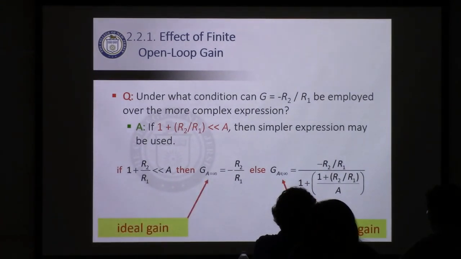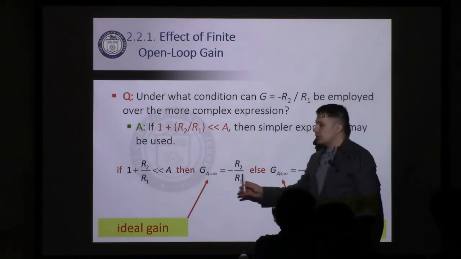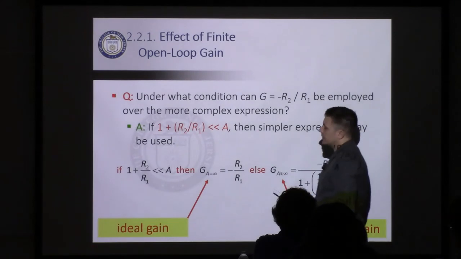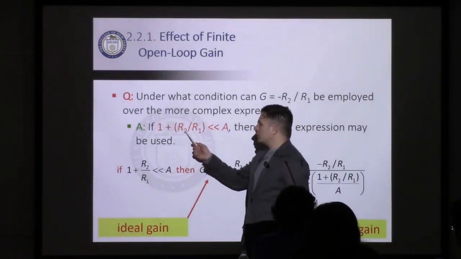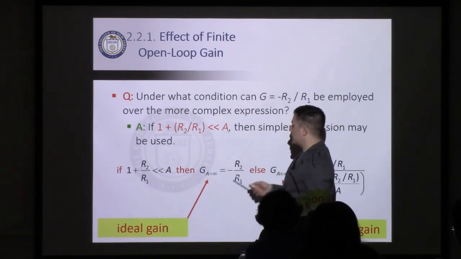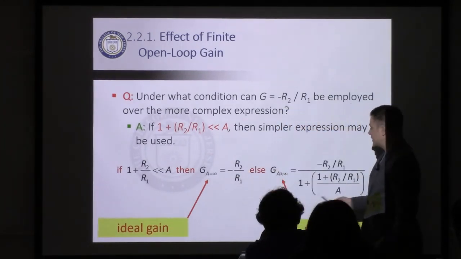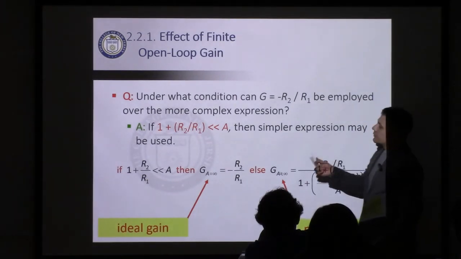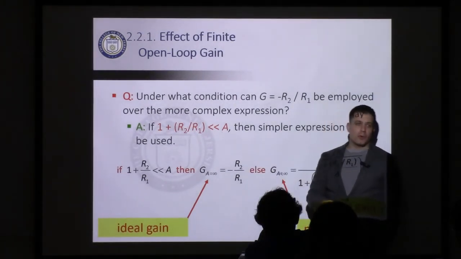And so what's the rule of thumb that we're going to employ of whether we use door number 1 or door number 2? Essentially, it's this. If 1 plus R2 over R1 is much less than A, then we can simply use this one. If it's not, then we have to use the bigger one. I use this rule of thumb as 100 times difference, 2 orders of magnitude.